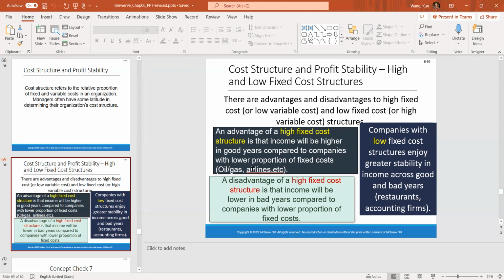For airline companies, they need to have their very expensive fleet, right? All of the airplanes to operate your services. So they have relatively high fixed cost, and based upon the formula of operating leverage, they will have relatively high operating leverage. So high fixed cost results in higher operating leverage.